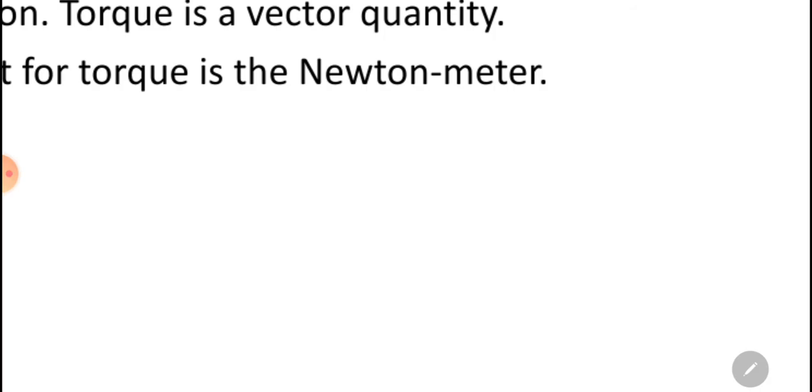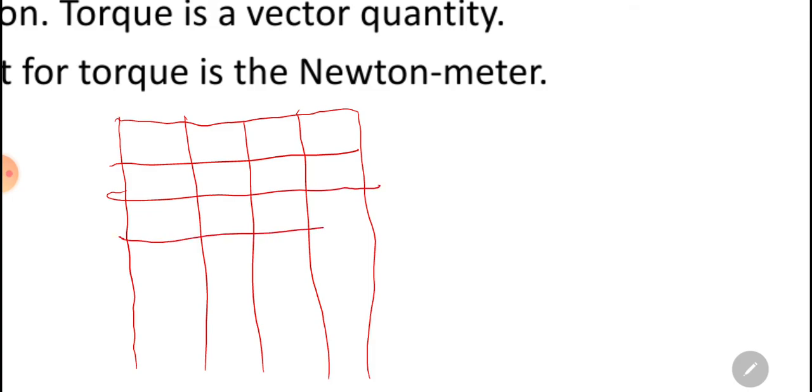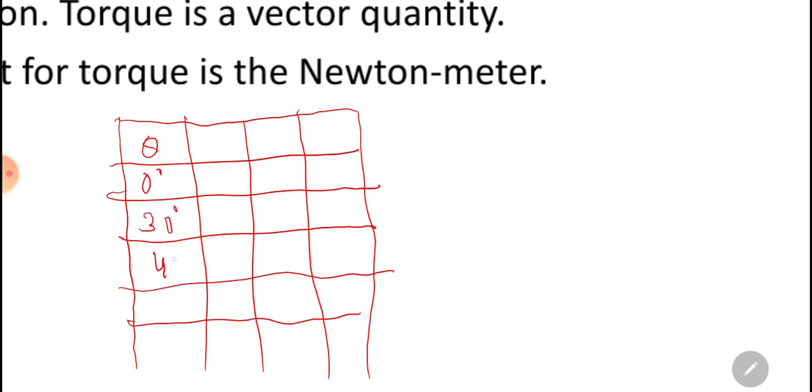Now draw a table like this. Here theta 0, 30 degree, 45 degree, 60 degree and 90 degree. Here we will write sine theta, here cos theta, here tangent theta.